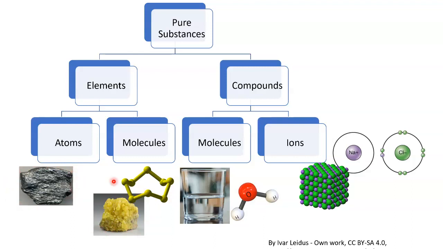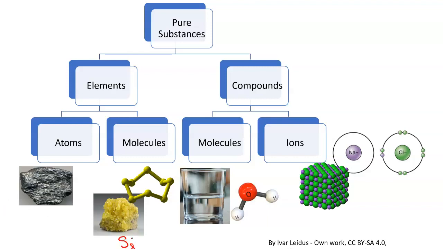Sulfur makes a ring with 8 atoms all connected. So these here are covalent bonds. So a molecule of sulfur, we would write that as S8.